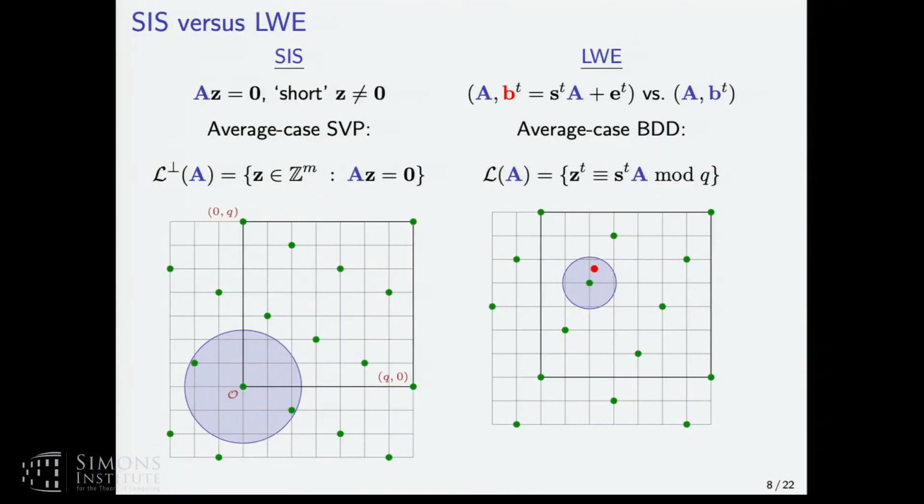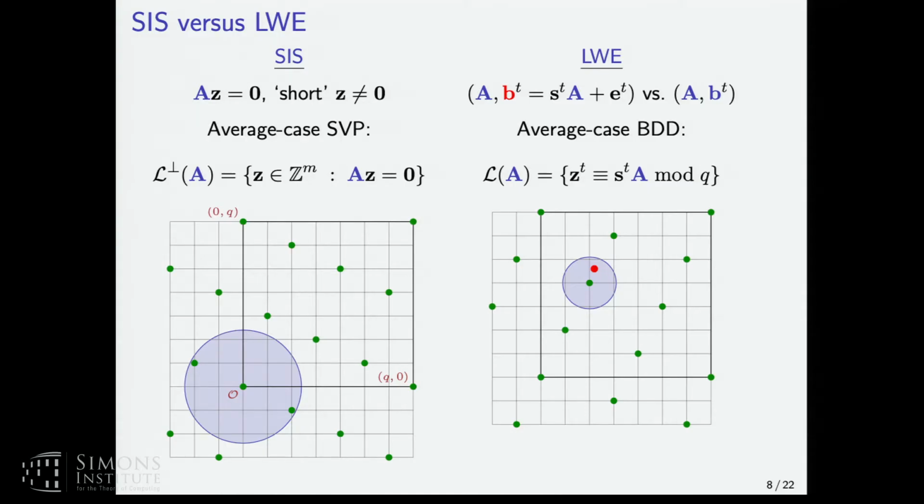So in summary, we have this kind of picture. We have SIS here on the left, which is an average case shortest vector problem. You have the perp lattice, L perp of A, and the goal is to find a non-zero point within a pretty wide radius, a radius where there are lots of solutions, around the origin.